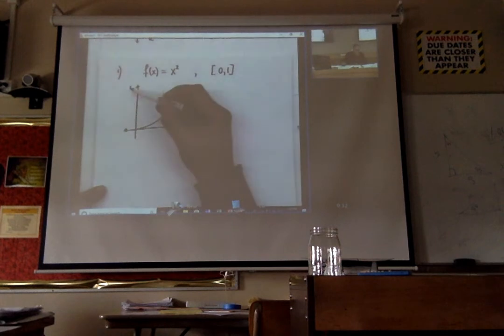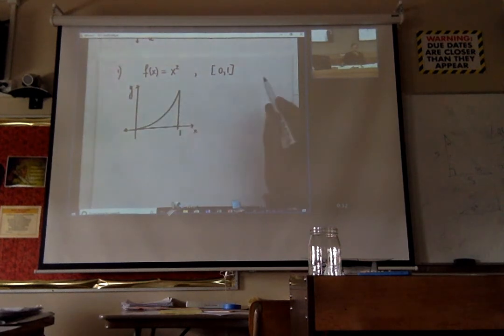Now we have many methods to do this. But in Calc 1, and specifically with this book, with this publisher, we're using only one method. We're going to use rectangles to approximate the area. In some books, they're using trapezoids to approximate the areas.